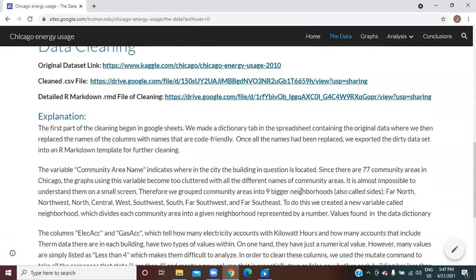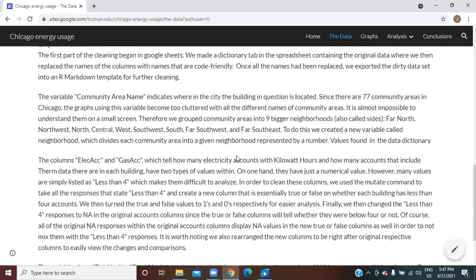As far as the data cleaning is concerned, we began it using Google Sheets. We created a dictionary tab where we would place the variable names of our renamed variables and descriptions for what those variables meant, to make it clear for someone to re-examine our data set and understand how we came to the conclusions that we came to.